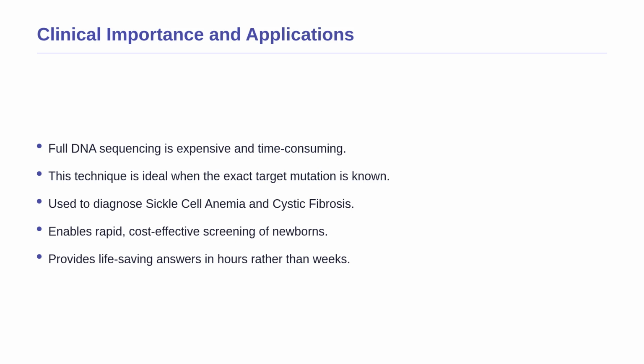This technique is incredibly important for diagnosing well-known genetic disorders like sickle cell anemia and cystic fibrosis, which are caused by a single incorrect DNA letter. Without this method, rapid and cost-effective screening of newborns or expecting parents for these devastating diseases would be much more difficult. It empowers doctors to give families life-saving answers in a matter of hours rather than weeks.